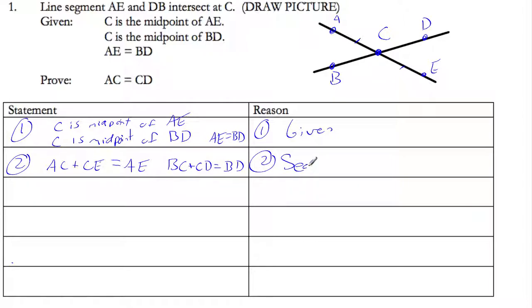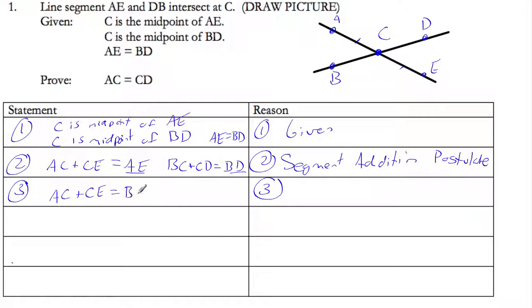This is the segment addition postulate. So if we look now, it's given that AE equals BD. So that means that AC plus CE is equal to BC plus CD. And this is the substitution property.